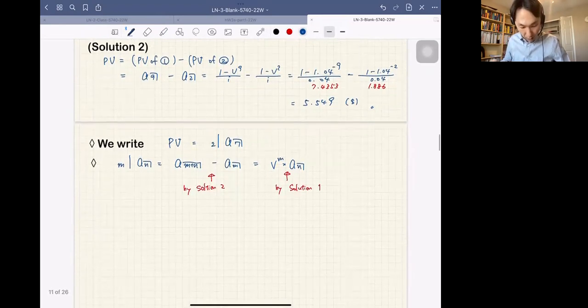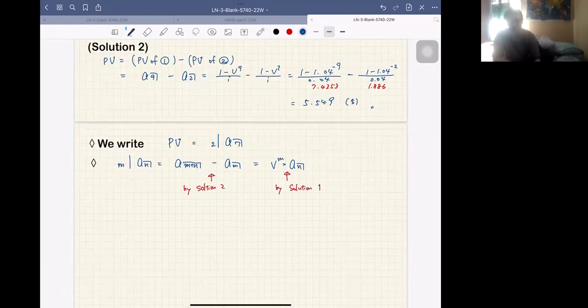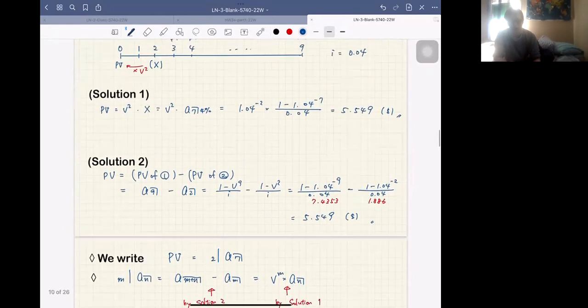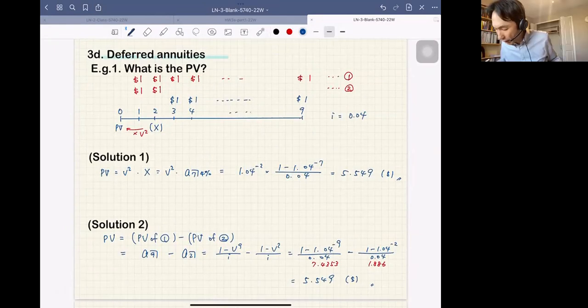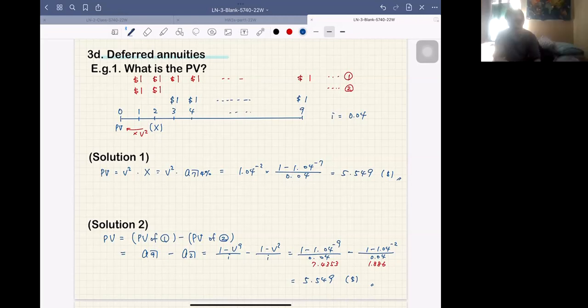Okay. Why did we calculate it beginning at 2 when the first payment was at 3?